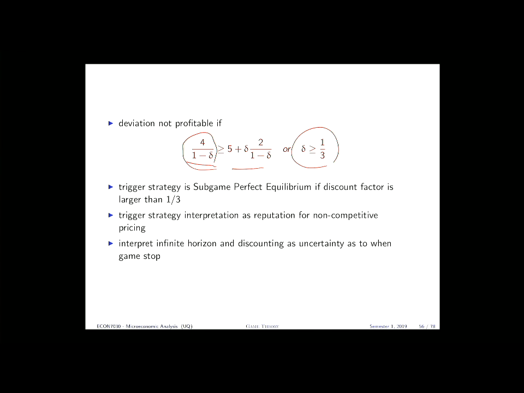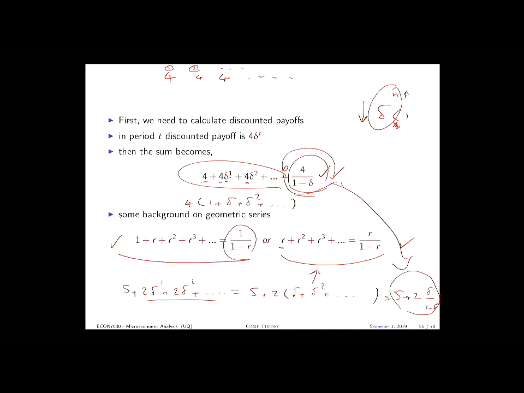It makes sense because if delta is large, your payoffs, remember, are getting smaller and smaller in the future. I mean, your payoffs are very small in the future because you're getting a large number right now and small numbers in the future. If delta is large, these numbers become relatively smaller and smaller in the future, and they get closer to zero.